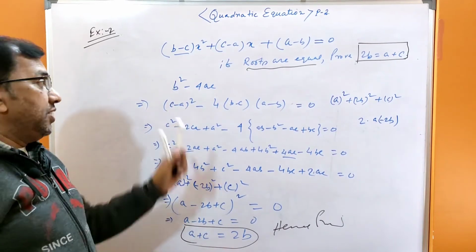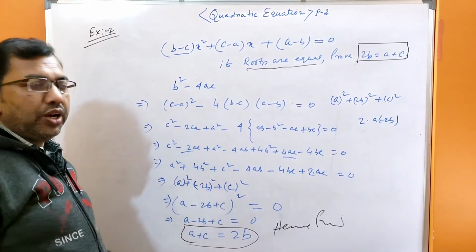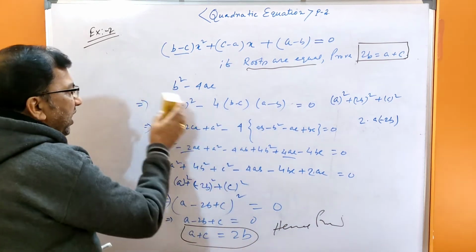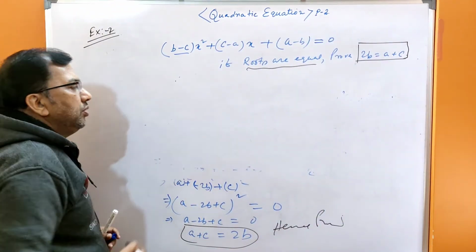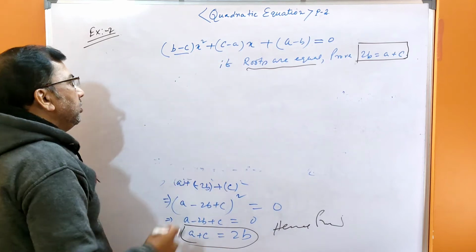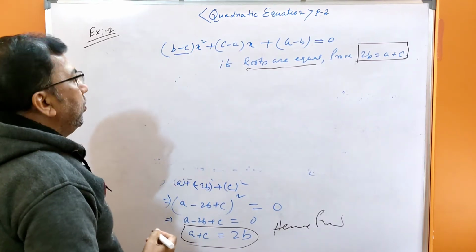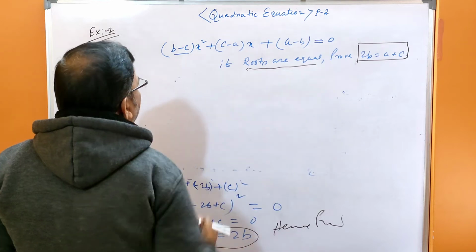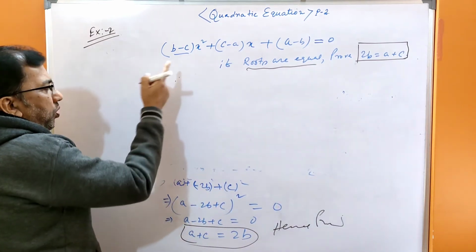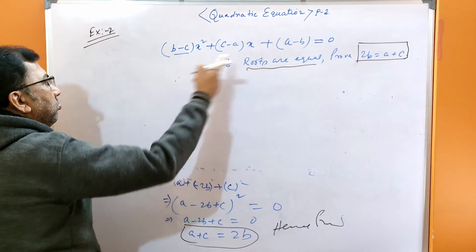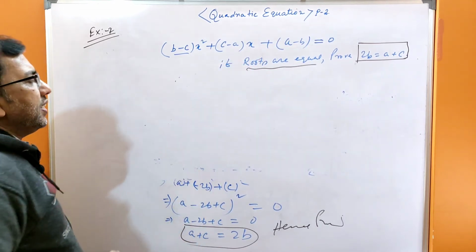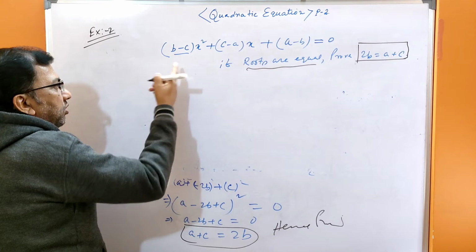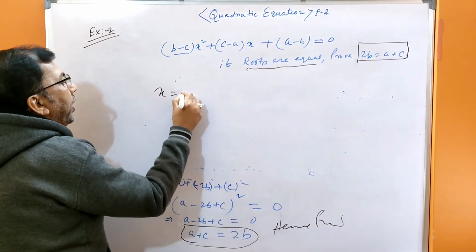b square minus 4ac will be 0, greater than 0, or less than 0, that is the concept from the first video. Okay, if you try to do this in another way from the equation, look, this equation is given. You have learned from cubic or quadratic polynomials, from the equation (b minus c)x square, if we carefully notice the equation, we can easily see and can tell that this equation is satisfied by x equals to 1.